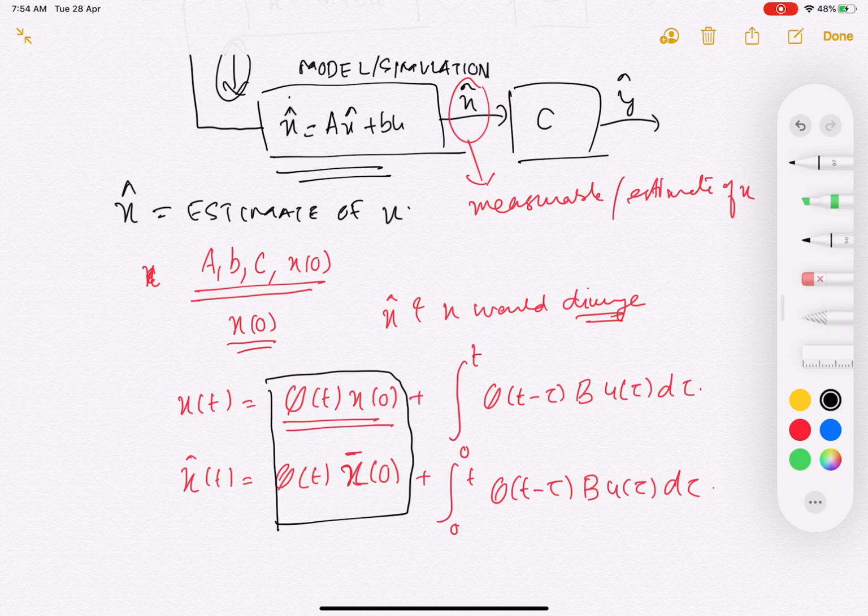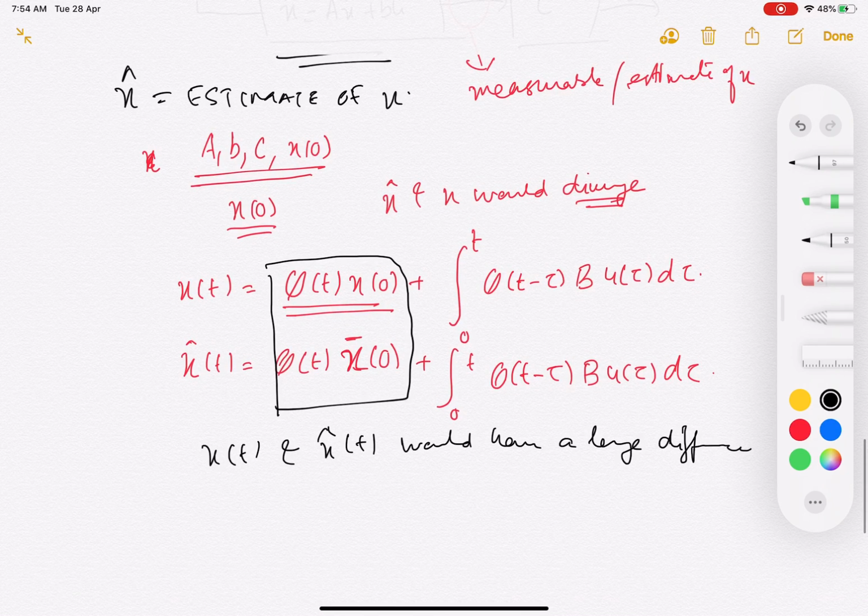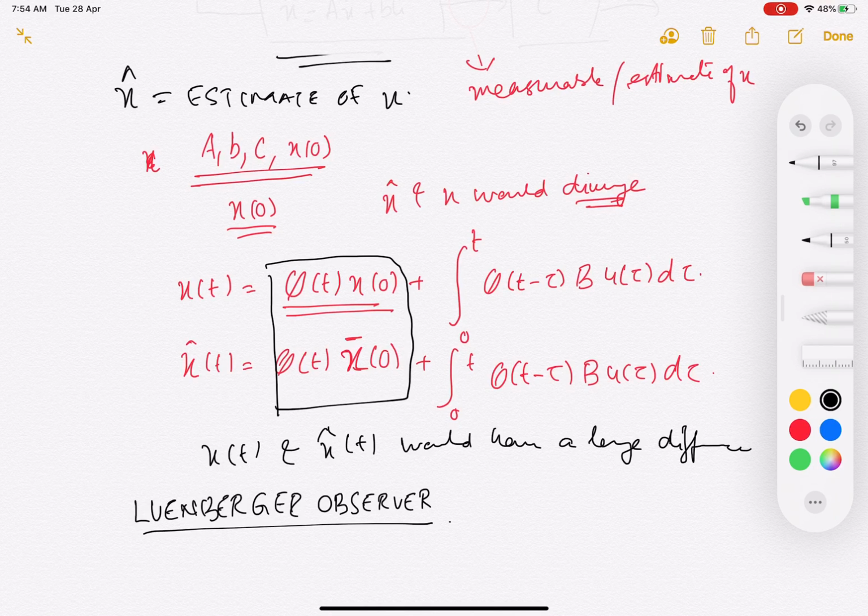It's going to increase as time proceeds, and finally x(t) and x hat(t) would have a large difference. So there will be a large error in the estimate of x(t). This problem can be solved using an observer mechanism, which is called the Luenberger observer, and we'll see this in the second lecture of this second part of lecture 3. Thank you for now.